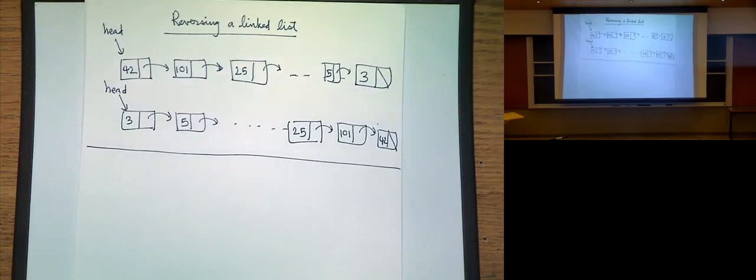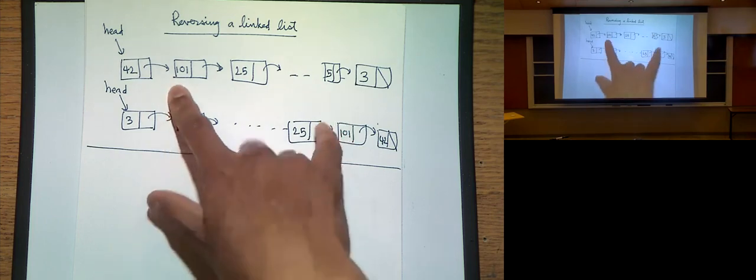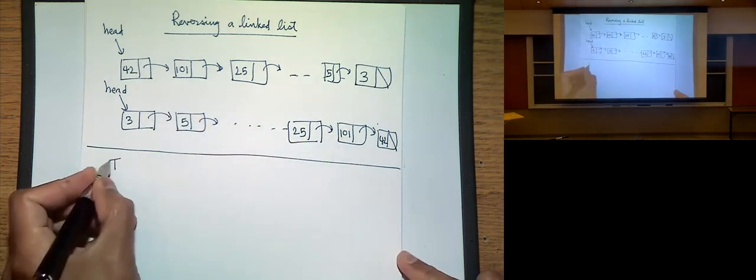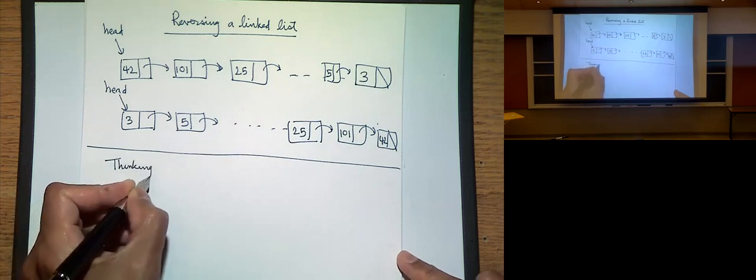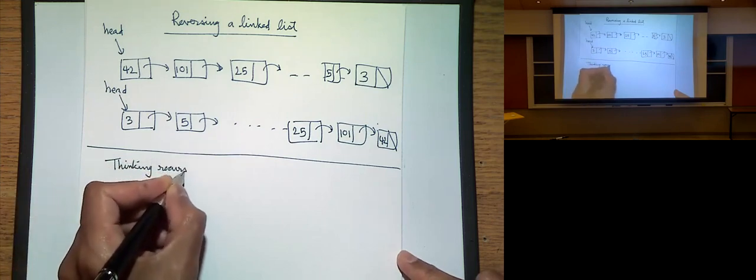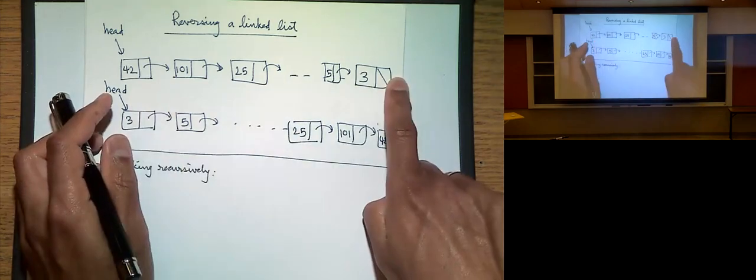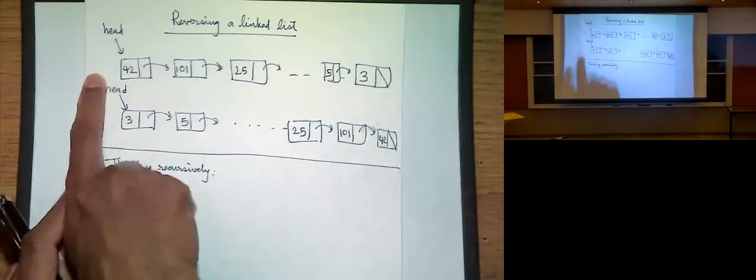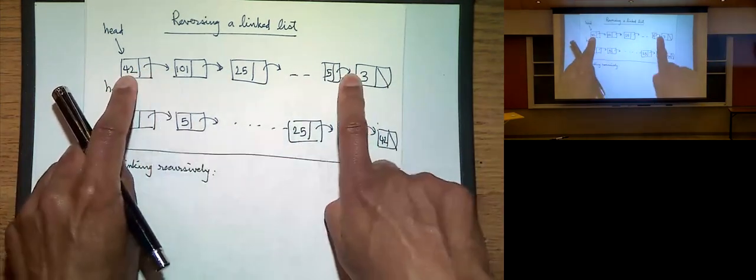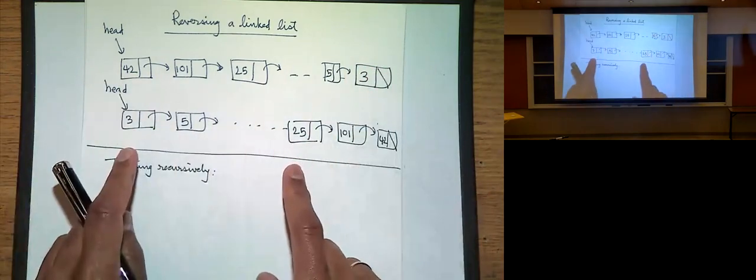So the problem is, the way you think recursively about this is, again, let's do it. Okay, so I'll just say this. You can do it iteratively. You might say, well, what I can do is go all the way to the end of the list, delete that, stick it at the beginning, and then go down to the end, delete that, and stick it in the beginning, right?